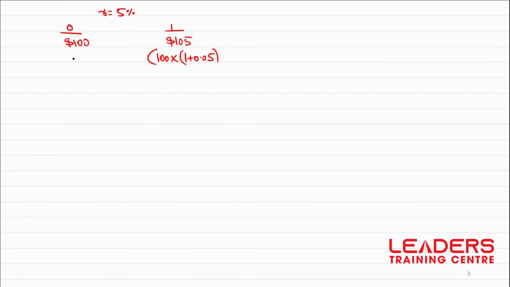If we had invested $1 here, then it will become 1.05 after 1 year. And if $1 becomes 1.05 after 1 year, then $100 becomes 100 into 1.05, that is 105. After 2 years, how much would our investment become?